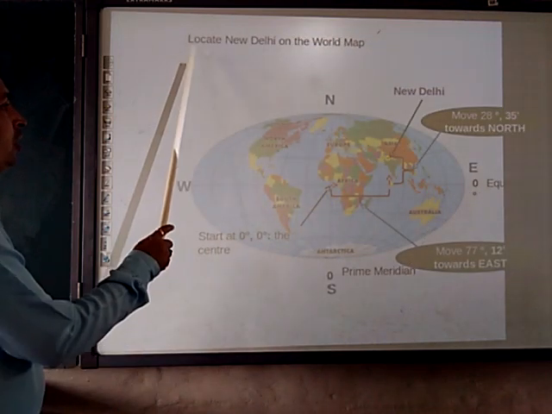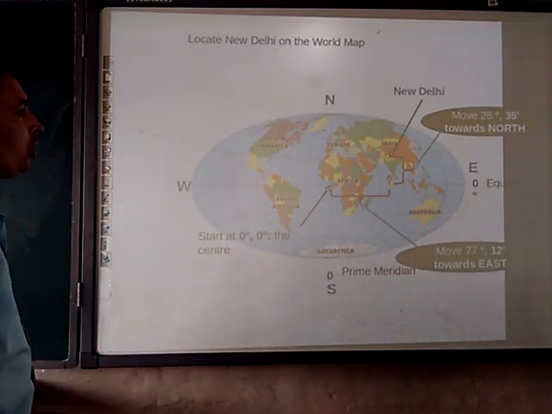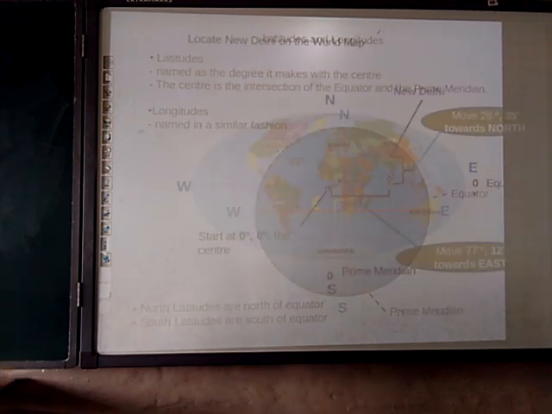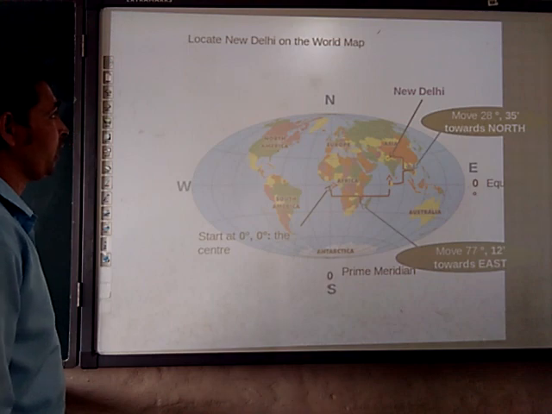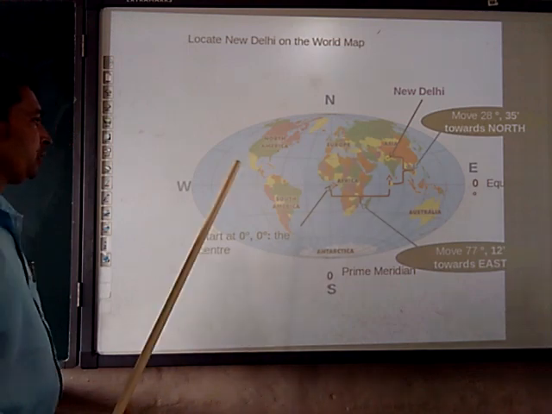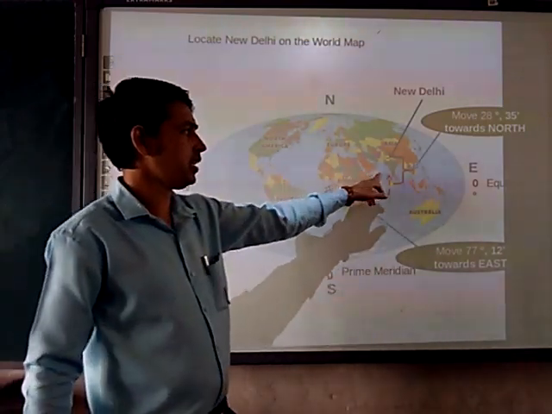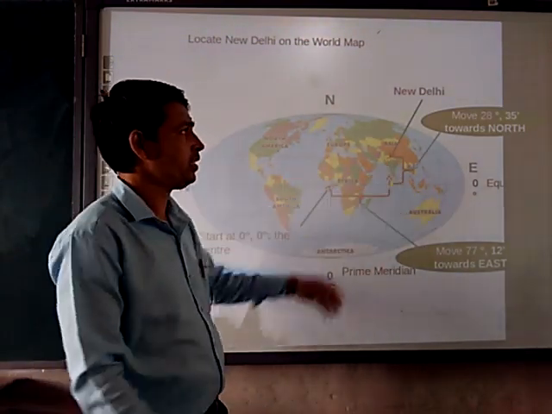Next, locate New Delhi on the world map. So here we are seeing how to locate New Delhi on the world map. So here we are seeing the world map, right? India is here, New Delhi is here, right?